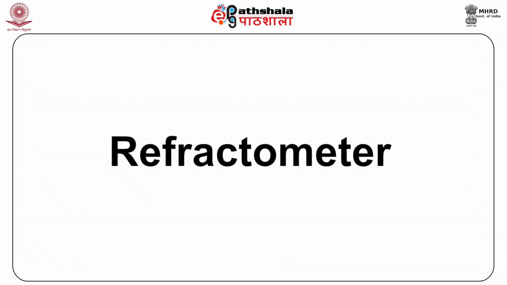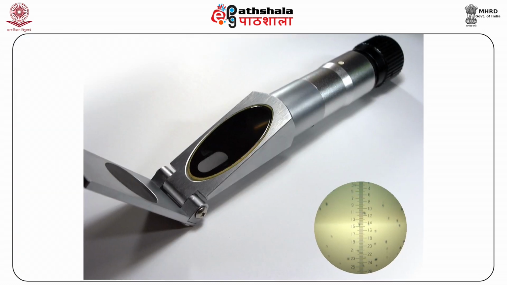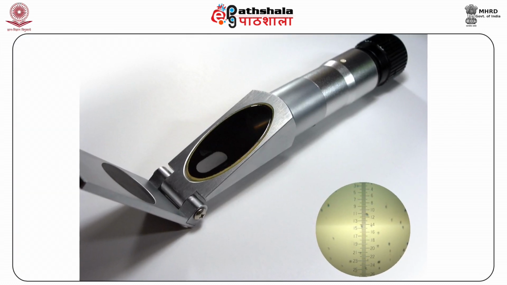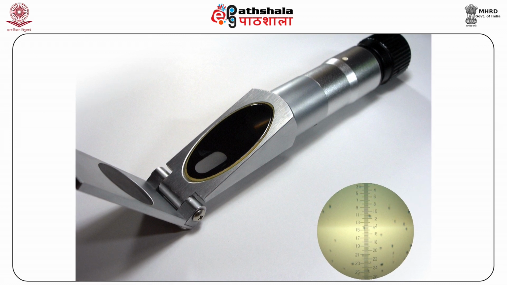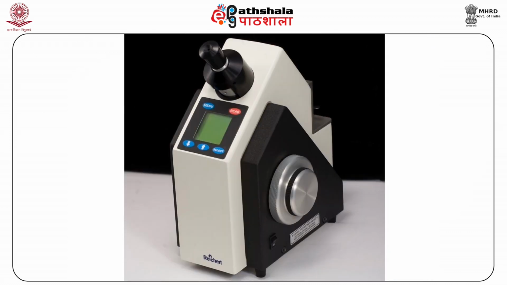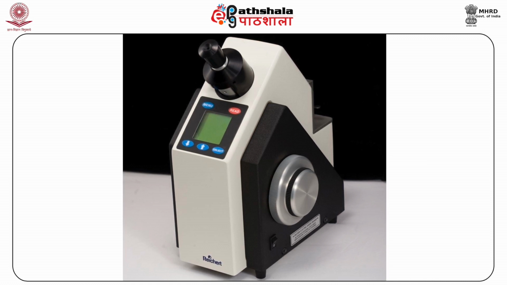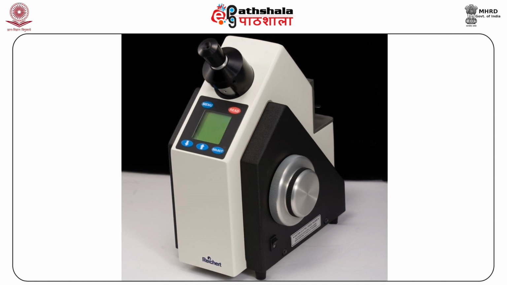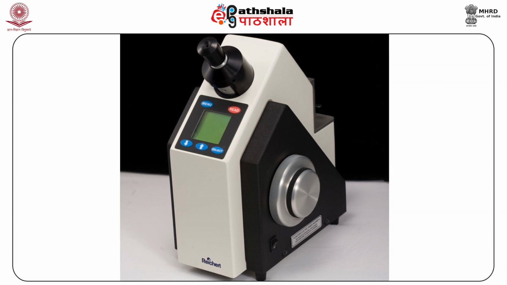Refractometer. It is a laboratory or field device for the measurement of refractive index using Snell's law. One type of refractometer is the Abbe refractometer. The only thing is that the method involved in the Abbe refractometer requires pieces large enough to polish.